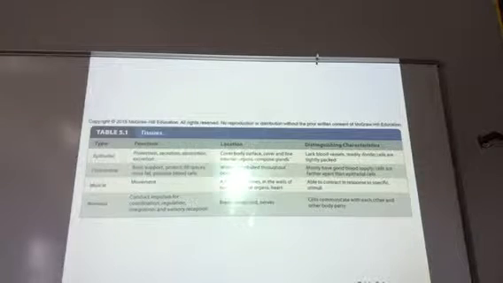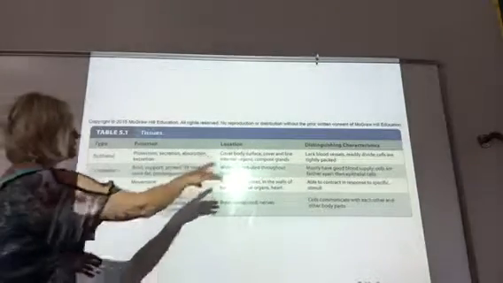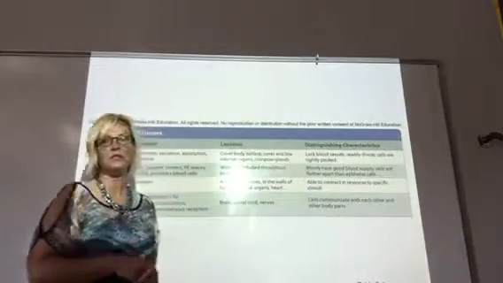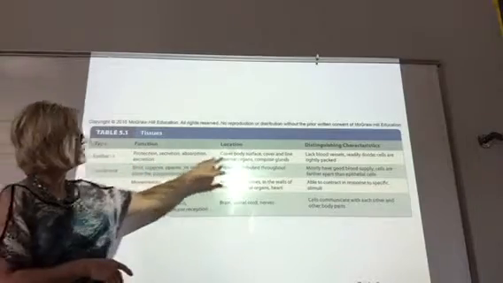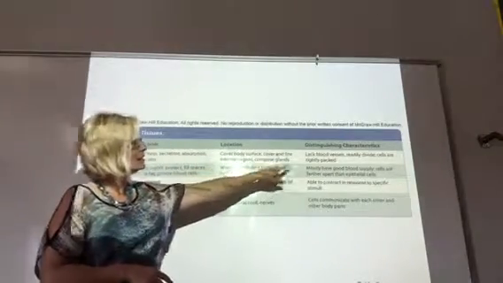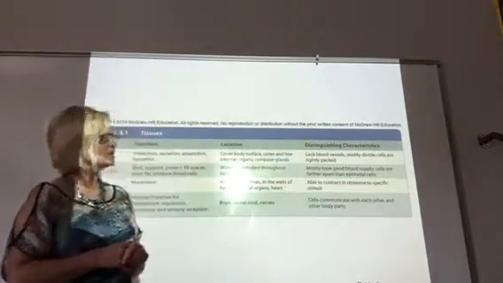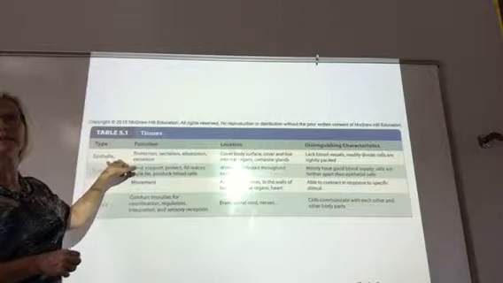So in your book there is this table that you can look at and see some of the specific characteristics that go with it. So epithelial, here's its job, here's where it's found, here's some distinguishing characteristics. Epithelial lacks blood vessels.